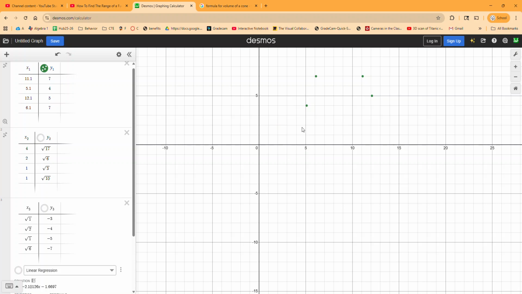Now let's look at the correct answer. There's only one y value for this particular x value, because we only have one ordered pair above that position on the x-axis. We go to the next, we're at a different place on the x-axis.